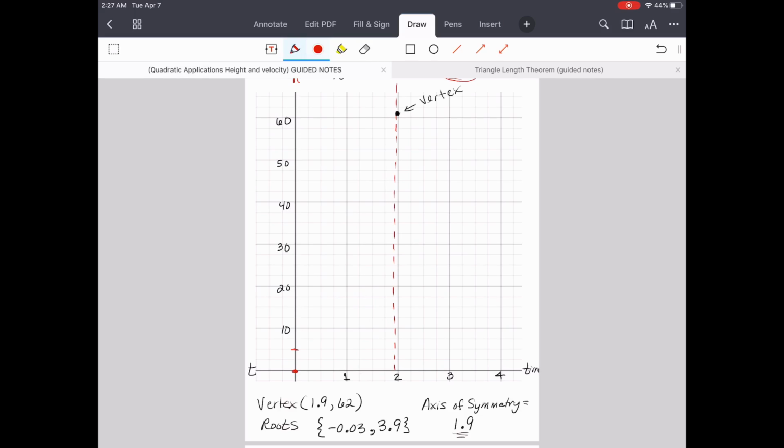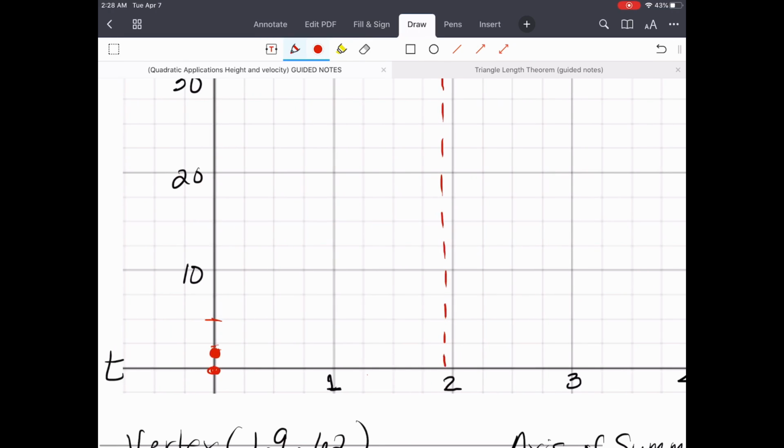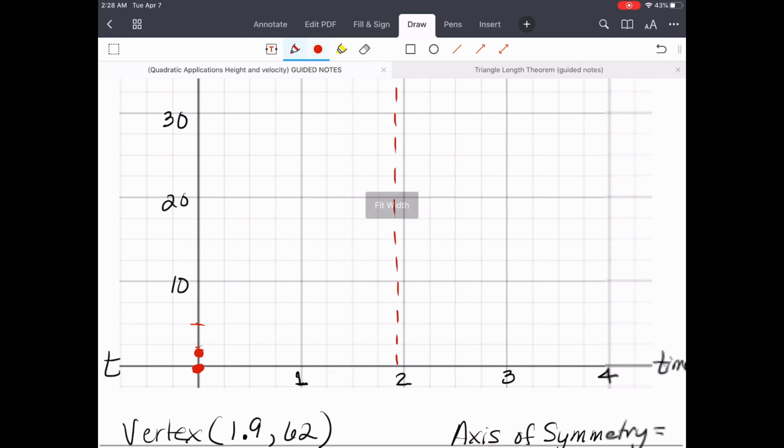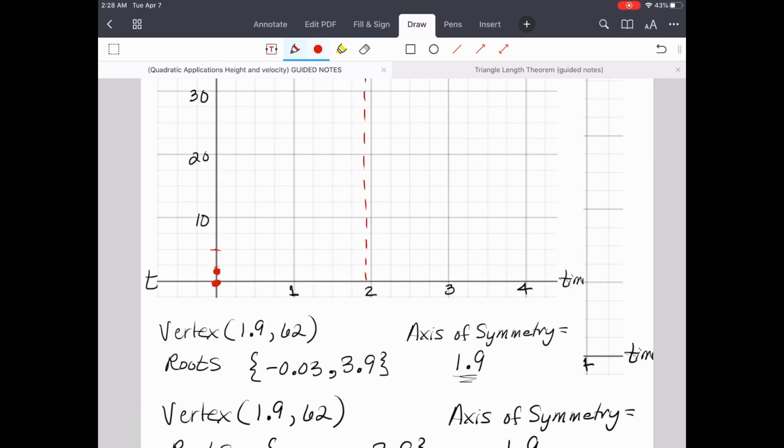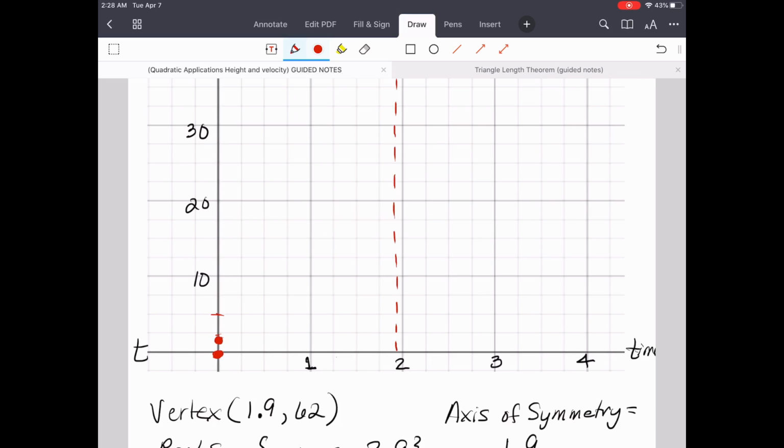That's 5, so that's like 2.5. So 2 is going to be right around there. And again, I don't need to be perfect, I just need to be close. NASA's not looking at my measurements here and wondering if I'm doing them the right way. I just have to be close for the purpose of this problem.